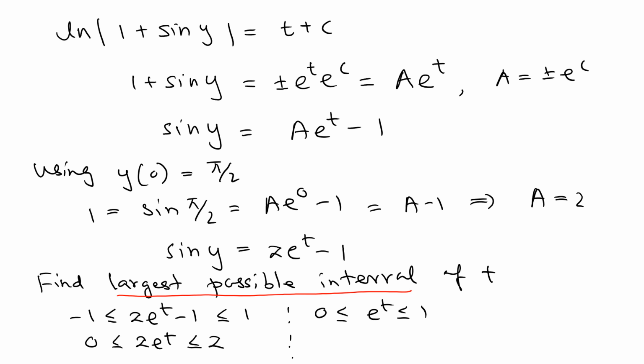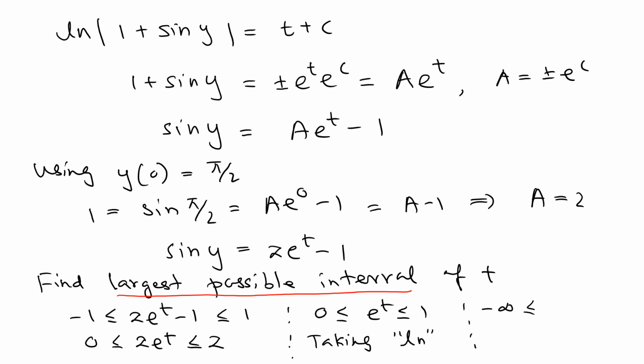So to find the next one, we take the natural log of this inequality. At the limit, you can see that you get negative infinity on this side, because ln 0 goes to negative infinity. On the other one, you can see that ln of e to the t means t.